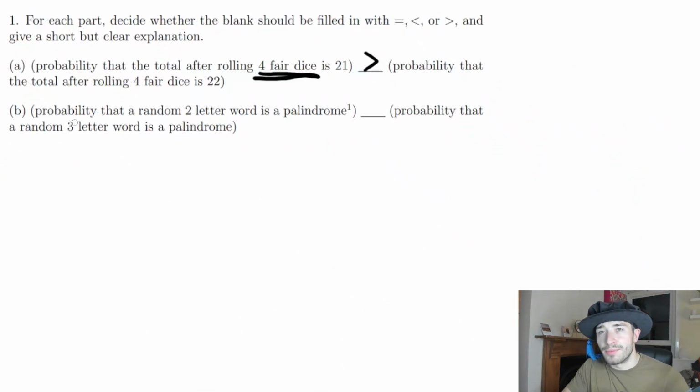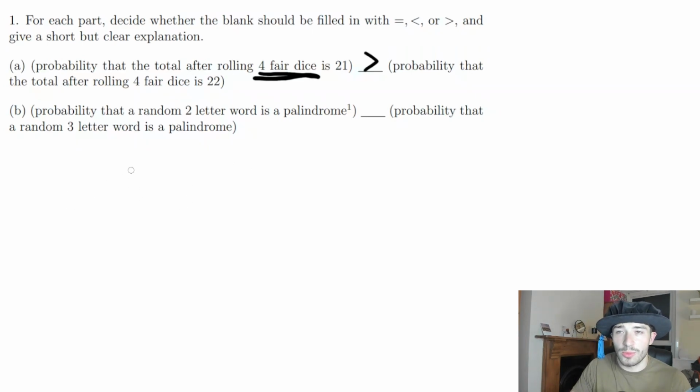So now we have part B, and that asks us, is the probability that a random 2-letter word is a palindrome equal to, less than, or greater than the probability that a random 3-letter word is a palindrome? And in case you don't know, palindrome just means a word is the same backwards as it is forwards.